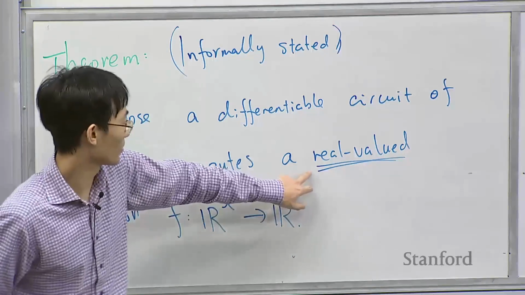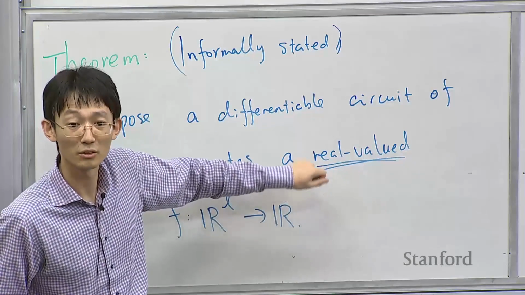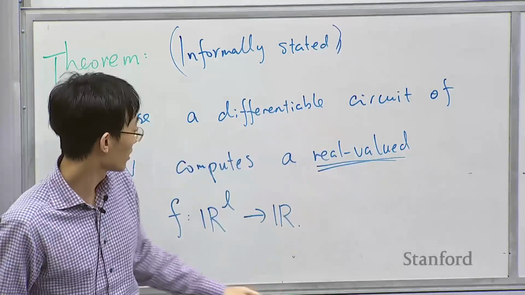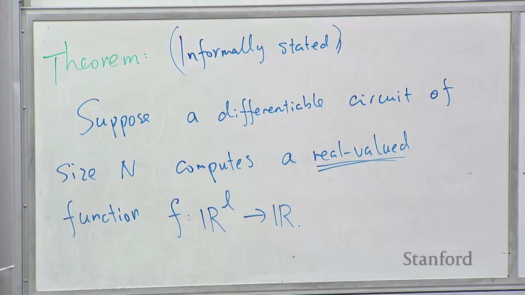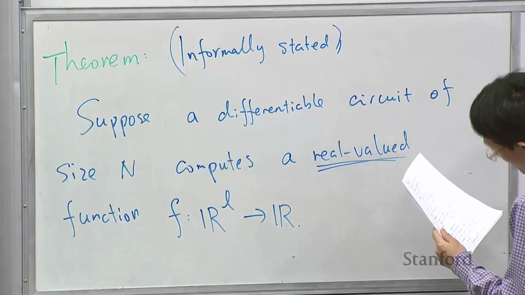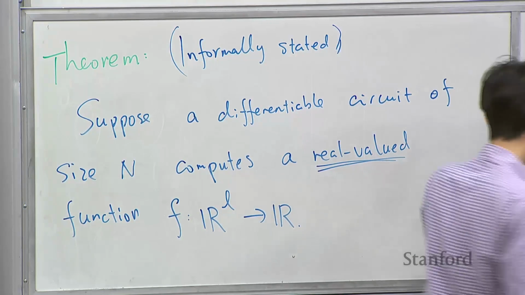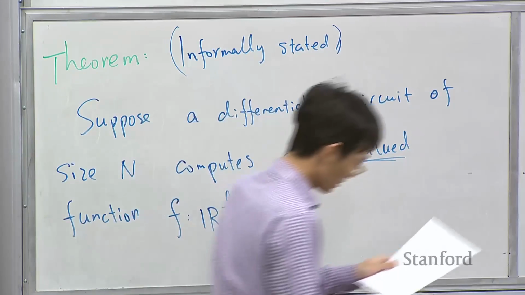I'm going to stress that this theorem only works when you have one output. The function can only have one output, but it can have multiple inputs. So suppose you have such a circuit, then consider the gradient of this function that you are computing.